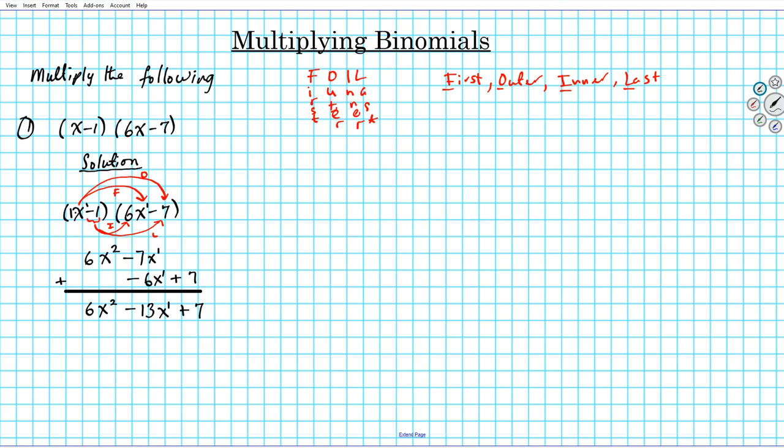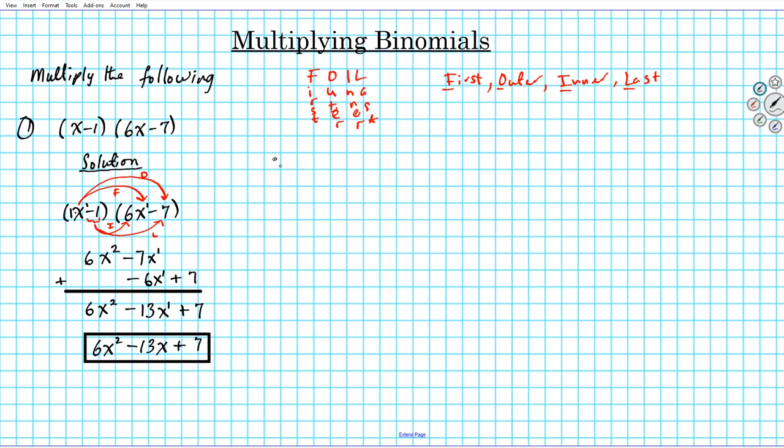Okay, now let's go ahead and clean this up, make it look pretty. So our final answer is going to be 6x squared minus 13x. Now if the power or coefficient are 1, you don't have to put them in. So just write this as 13x plus 7. And that's your final answer for question number 1.